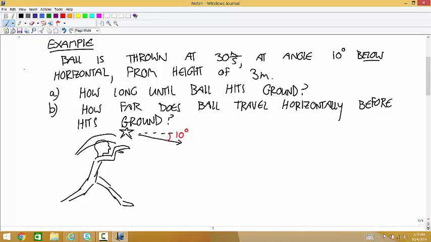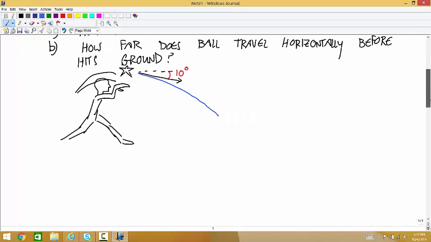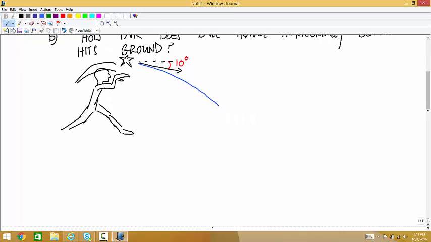And the path of the motion starts out with a slope like that, and then follows a horizontal path. No, it starts out with a slope like that and follows a parabolic path. So the first thing we have to do is make those 4 choices.